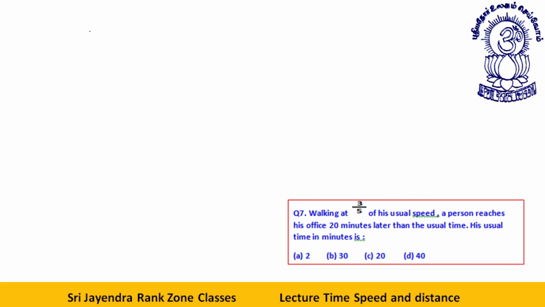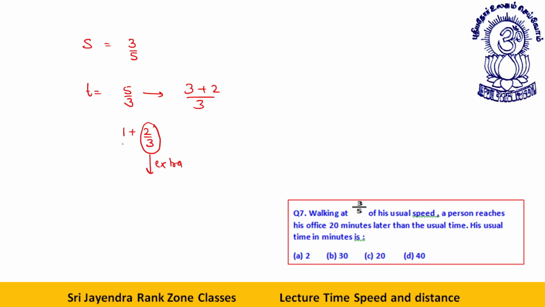Walking at 3 by 5 of his usual speed, let's say speed becomes what? 3 by 5. Shortcut this time. Time becomes what? 5 by 3. What does 5 by 3 mean? 1 plus 2 by 3. How come? 3 plus 2 by 3, or I can say 1 plus 2 by 3. This 2 by 3 is the extra time, okay?